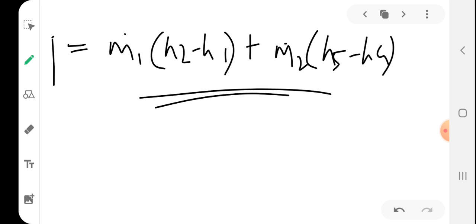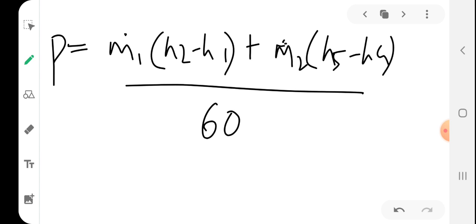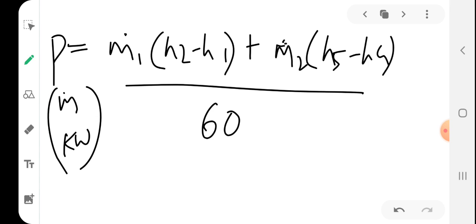Not work, power, because m1 dot is a mass flow rate, you know? It will be in kilojoule per minute. Since m1 dot is in kilojoule per minute, to get power in kilowatts, you divide by 60.